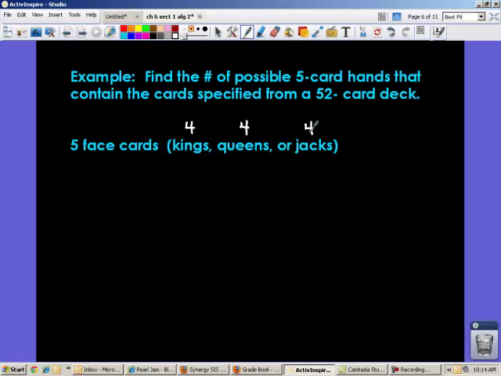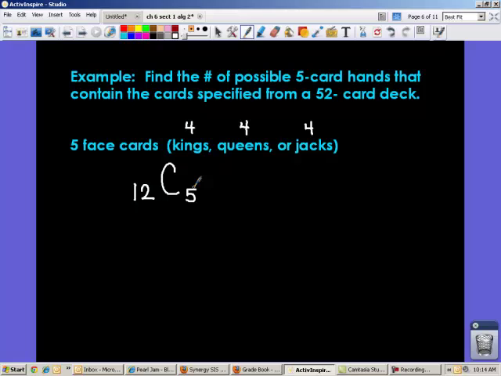How many are totaled when we have face cards? There's 4, 8, 12. So we have 12 total. That's going to be the N. We're taking a combination, and the amount that we want is 5 of those. So those are the objects that we're taking.